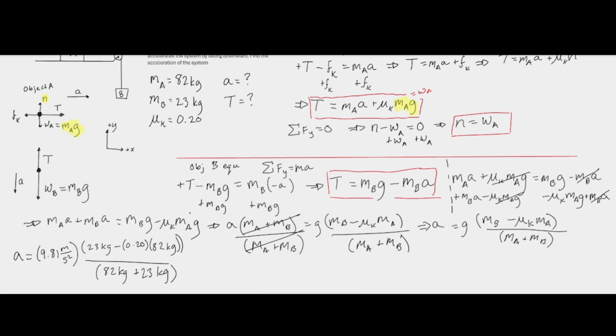So I'm going to enter 9.81 times, open parentheses, 23 minus 0.2 times 82, close parentheses, then a division symbol, then open parentheses again, 82 plus 23, and close the parentheses.